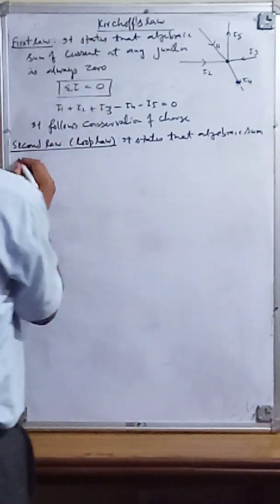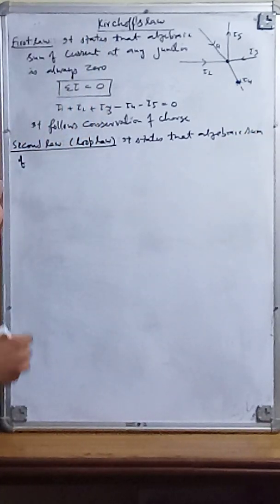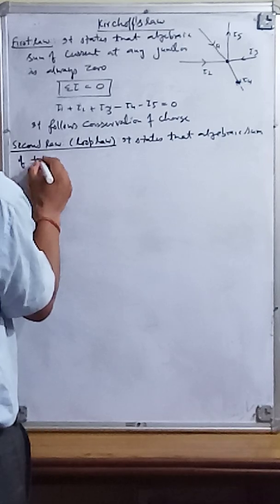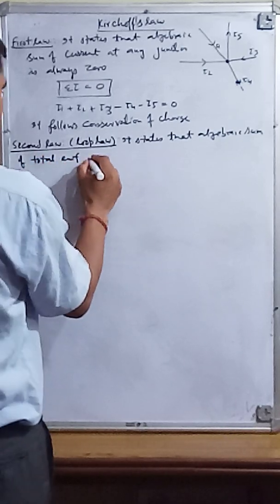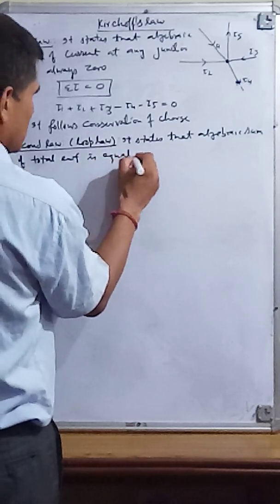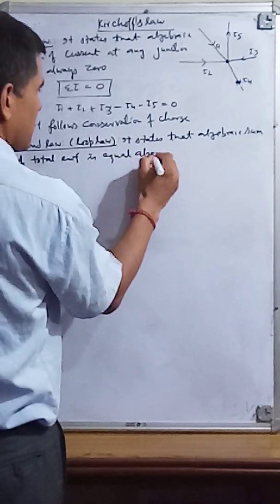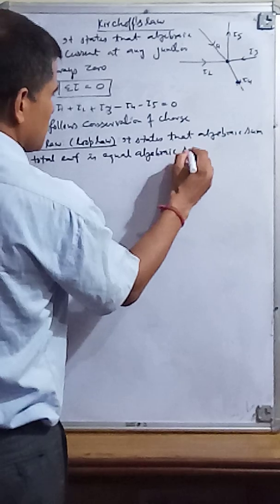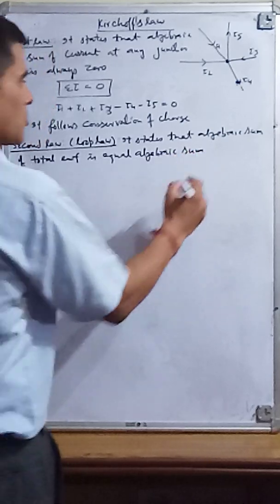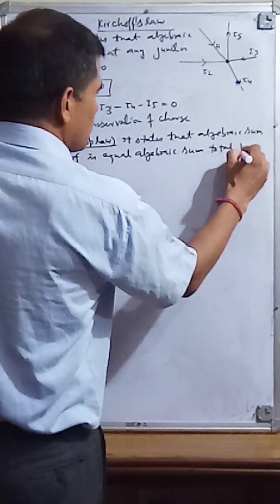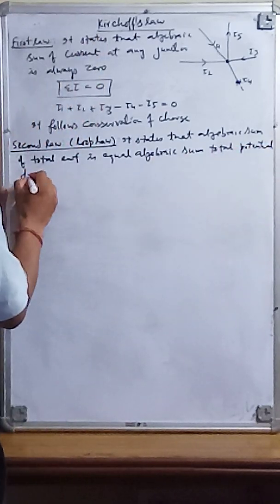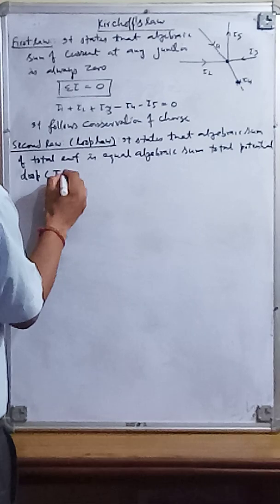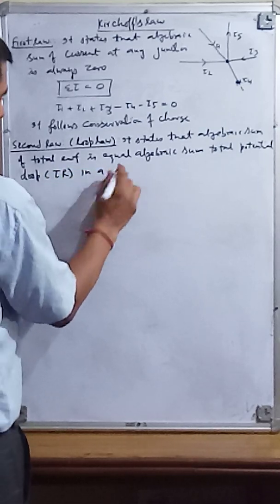of total EMF is equal to the algebraic sum of the total potential drop, meaning I into R, in a closed loop.